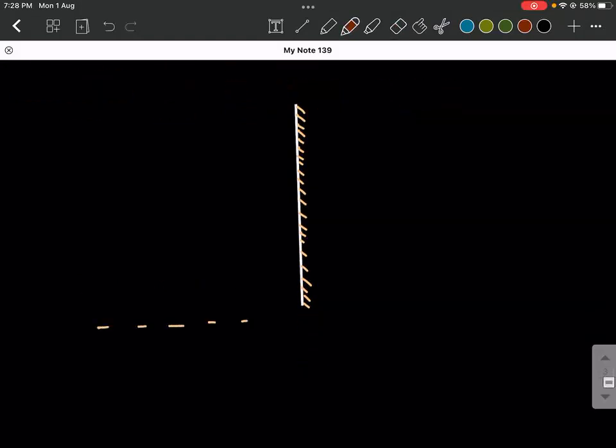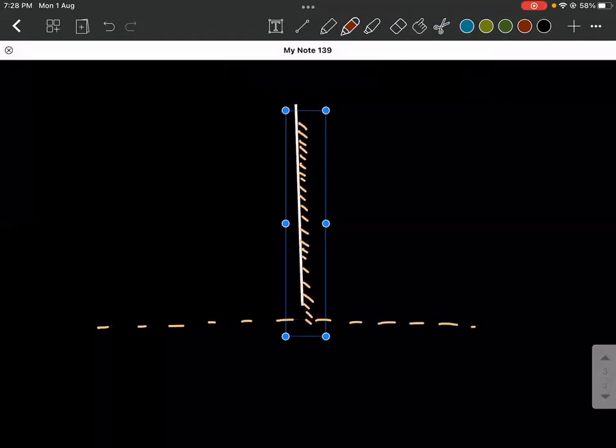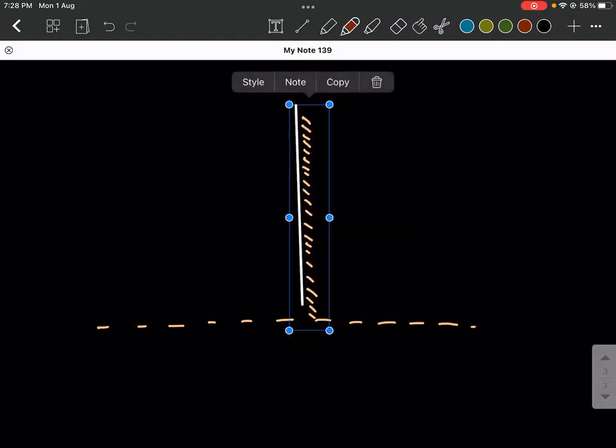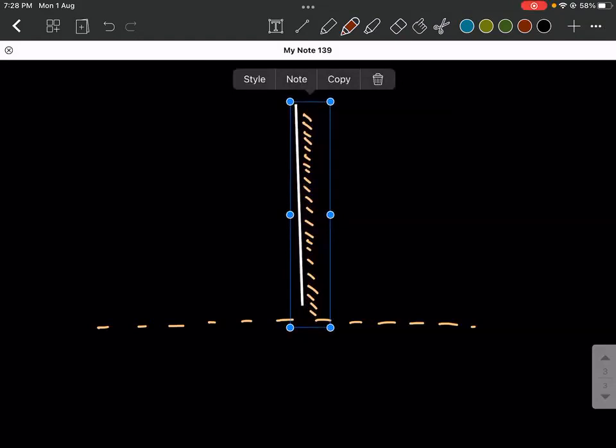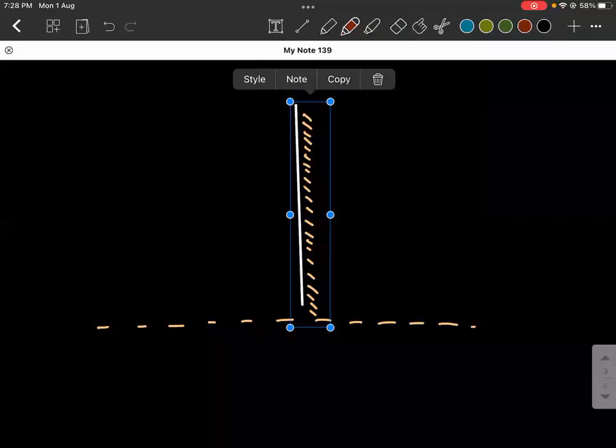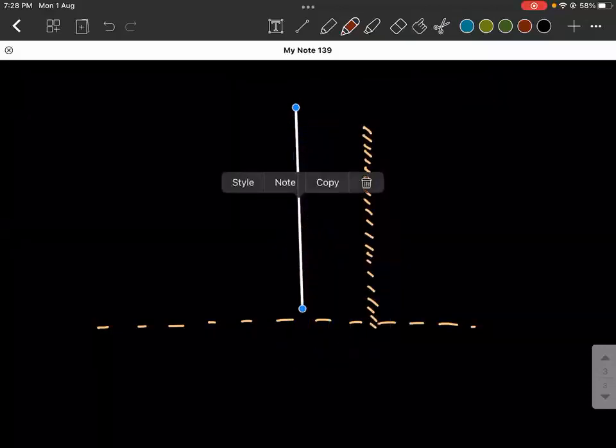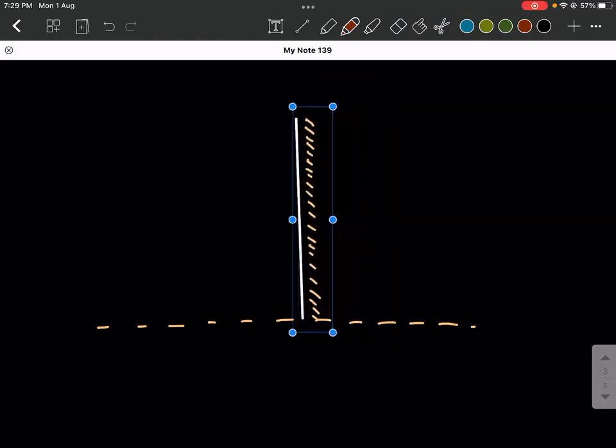Let's say this is the surface on which it is placed.